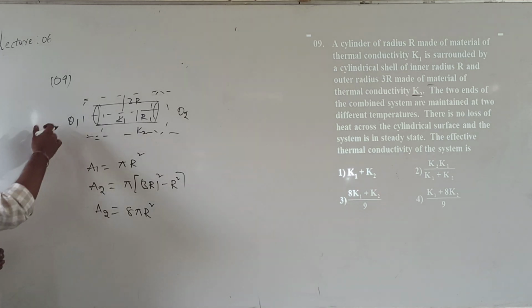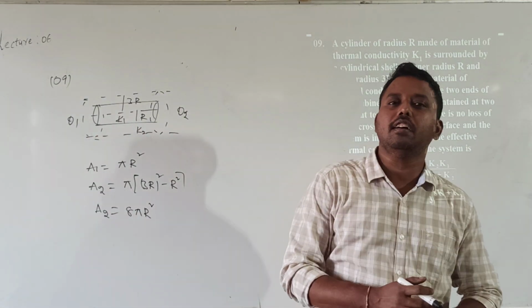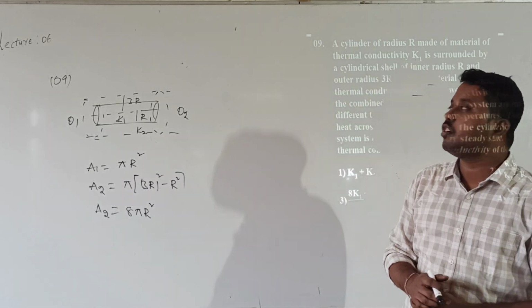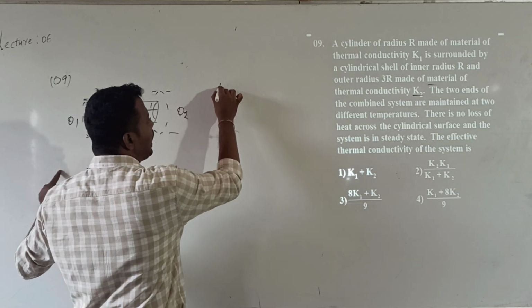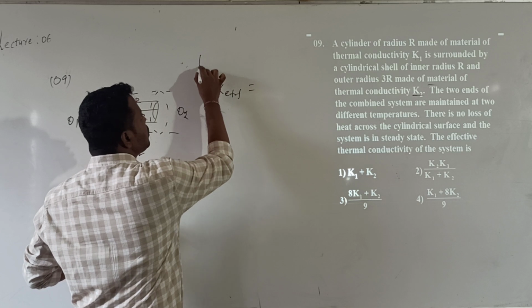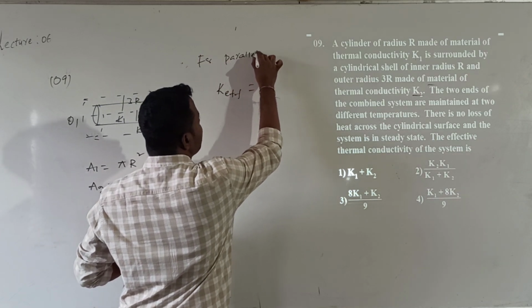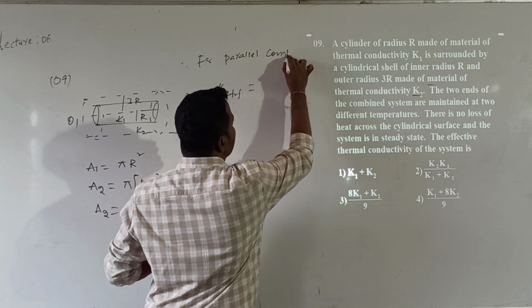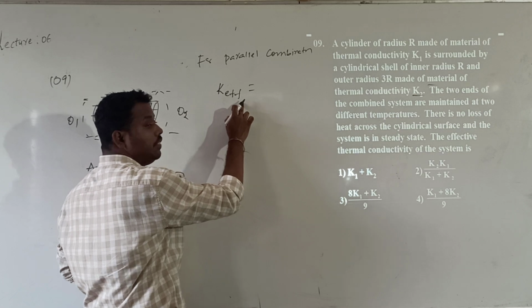Now this is the parallel combination. How do we know it is parallel? Because the free ends are maintained at the same temperature. In parallel combination, the temperature gradient is the same. So we know that in parallel combination, what is the formula? K effective formula for which combination? For parallel combination, we discussed this. For parallel combination, what is the formula for coefficient of thermal conductivity?